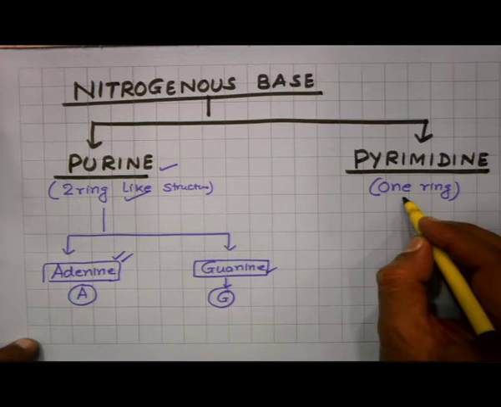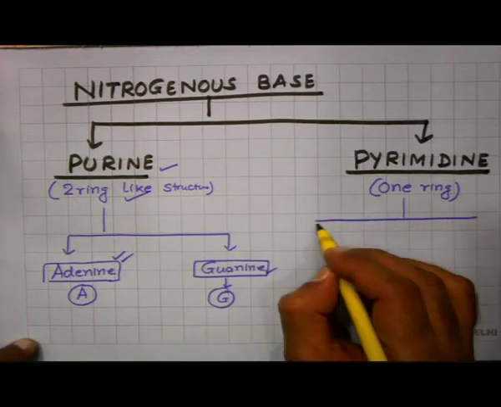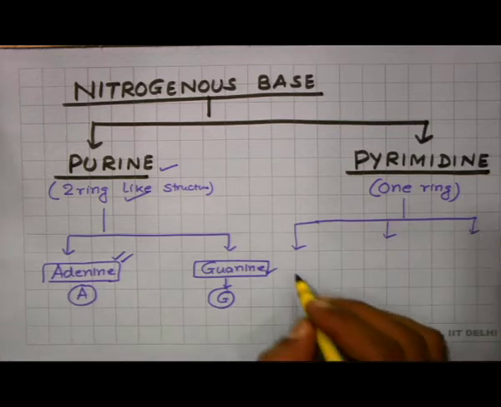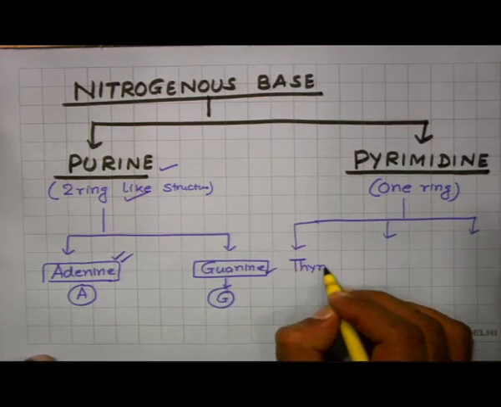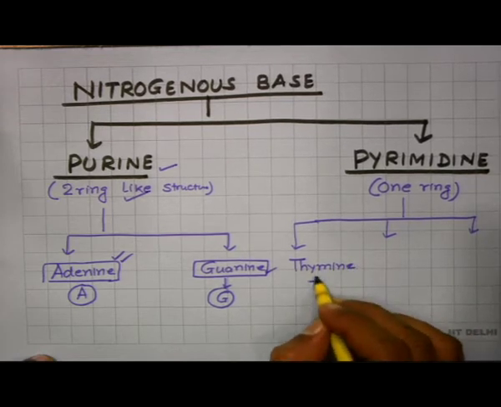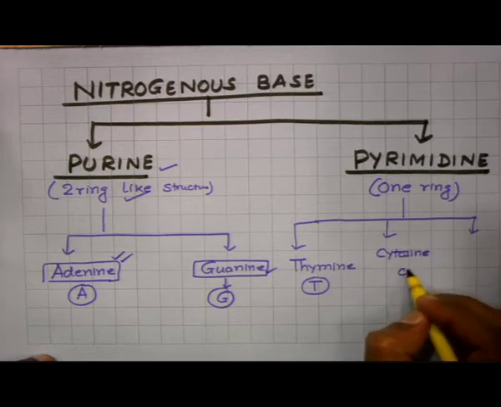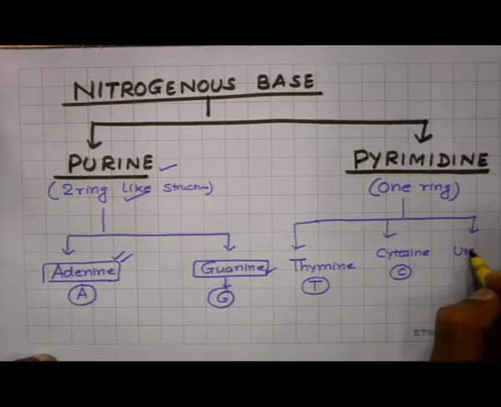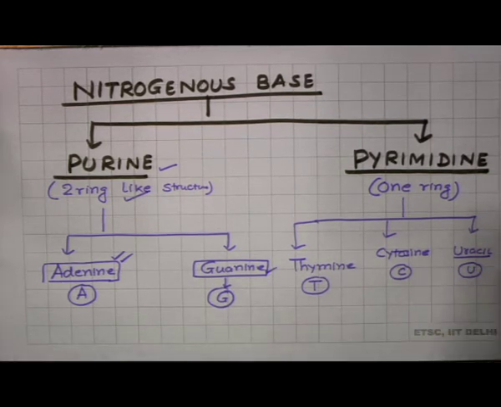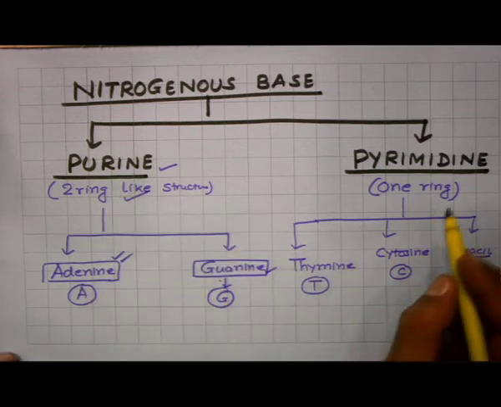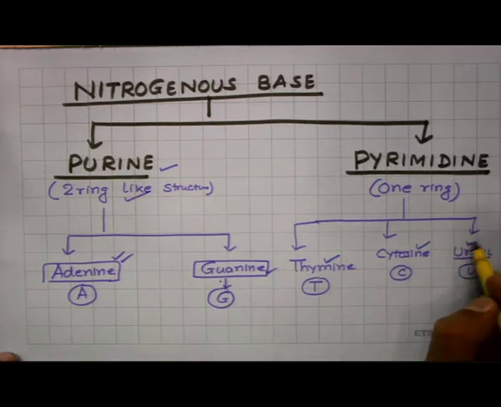Now, pyrimidine has a single ring structure: thymine, abbreviated by T, cytosine, C, and uracil, that is U. So, nitrogenous bases are of two types, purine and pyrimidine. Purine: adenine and guanine. Pyrimidine: thymine, cytosine and uracil.